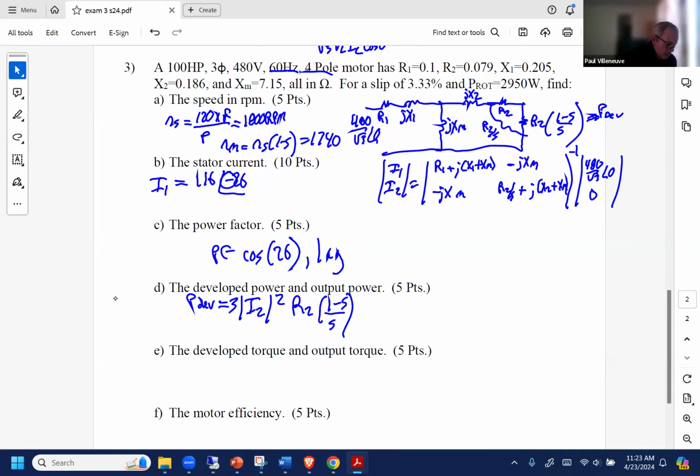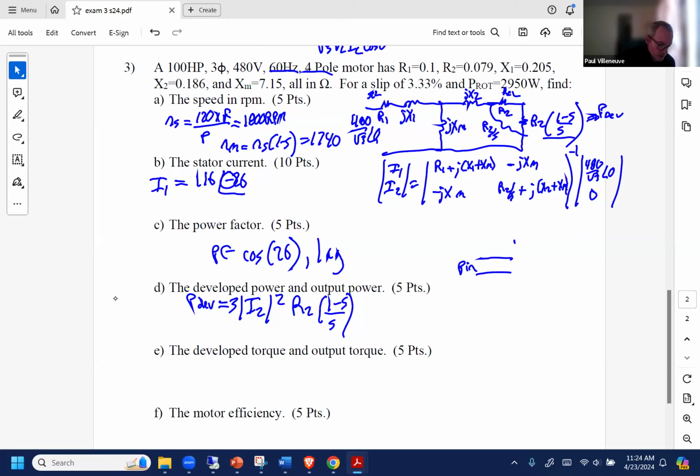My output power, so if I remember my diagram, here's P in, and I've got all my power losses. This is the stator copper loss here. This is rotor copper loss here. So when I did my circuit analysis, I've already taken those powers out. I can calculate those directly. But what I ended up doing was I knew what P developed was, which is the power over here.